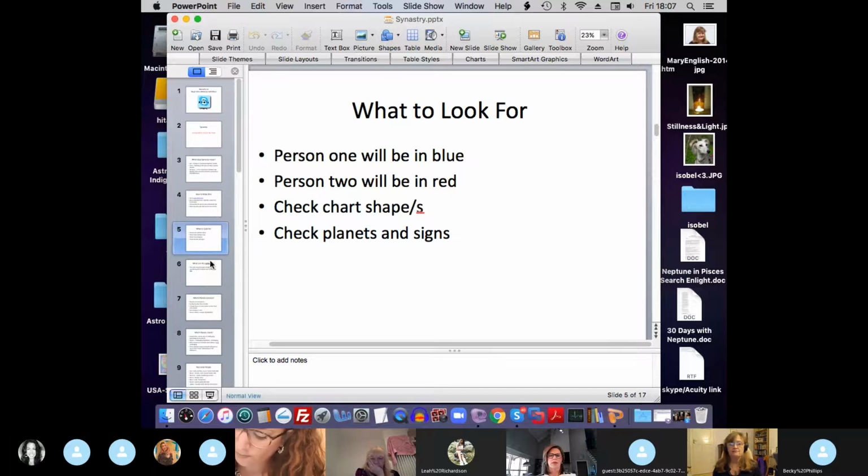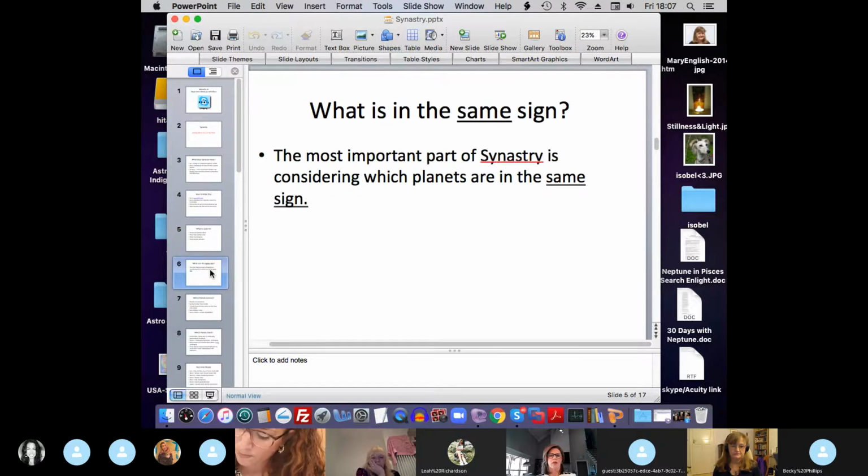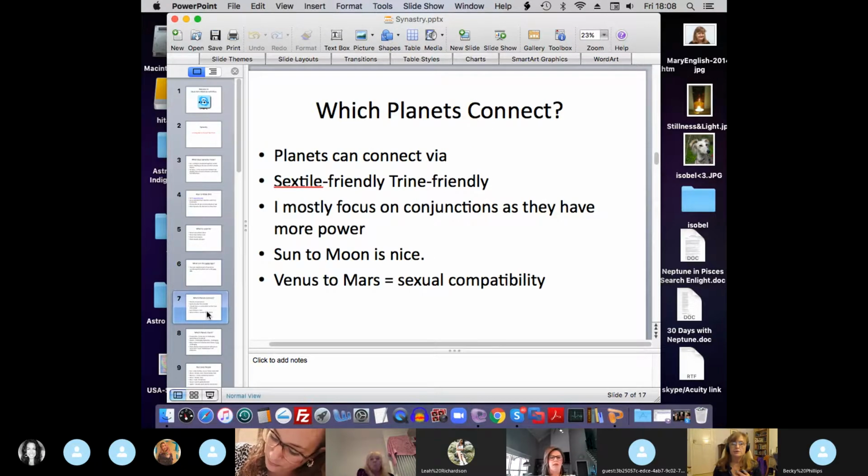And then we check for planets and signs. And we need to look at what is in the same sign. The most important part of synastry is considering which planets are in the same sign. Which planets connect?